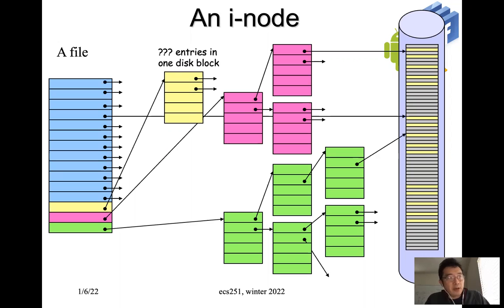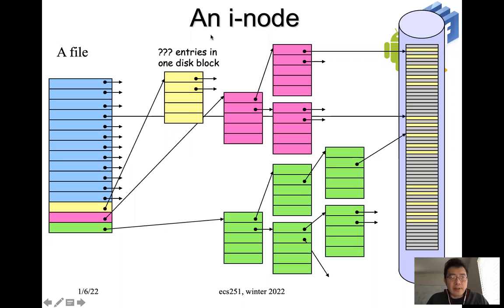Then you bring in only the block you are interested in. So this model is a nice trade-off. You only need a couple of indirect blocks in your memory or cache, and then you can access pretty much everywhere in a pretty large file represented by this data structure called an inode.